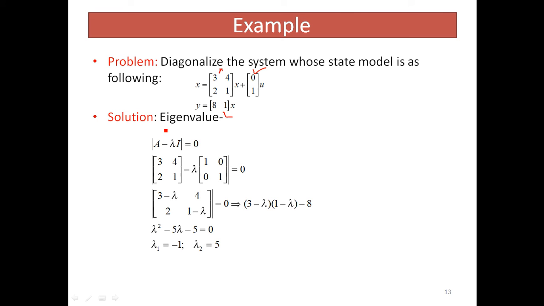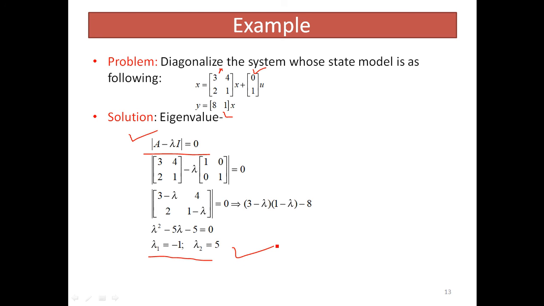Initially we have to calculate the eigenvalues, and on the basis of the eigenvalues you would calculate the eigenvectors. So the eigenvalues of this system are given by the determinant of A minus lambda I equal to 0, and on solution you get lambda 1 equal to minus 1, lambda 2 equal to 5.